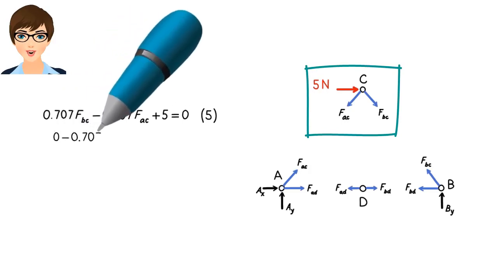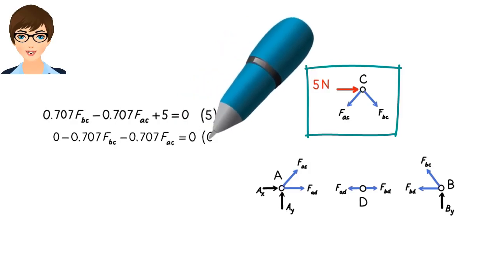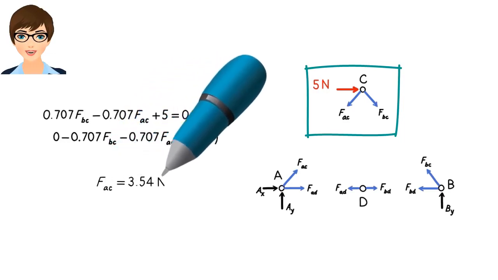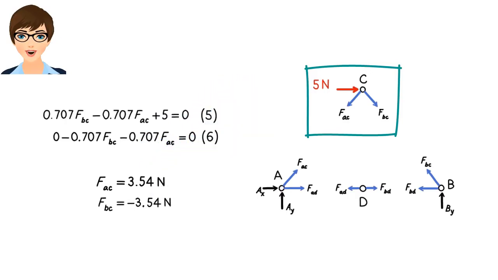And negative 0.707 FBC minus 0.707 FAC equals 0. Solving these equations for FAC and FBC, we get FAC equals 3.54 newtons, and FBC equals negative 3.54 newtons.